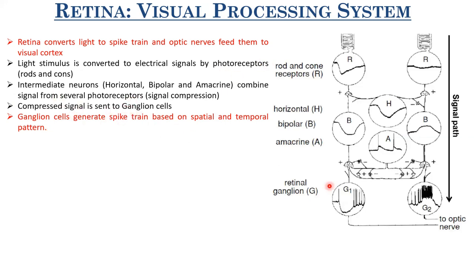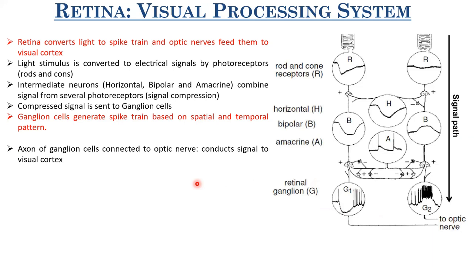Then the action of the ganglion cell is connected to the optic nerve, and this conducts spike trains to the visual cortex through the LGN of the thalamus. I won't get into details of pure biological stuff, but it conducts the signal to your visual cortex.